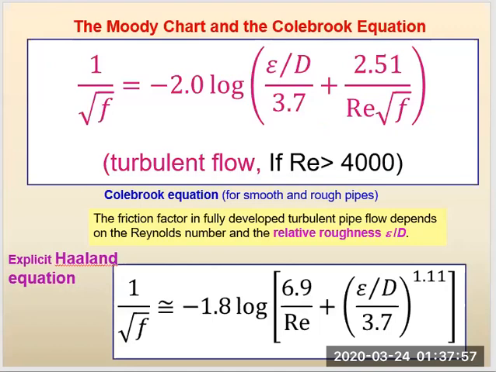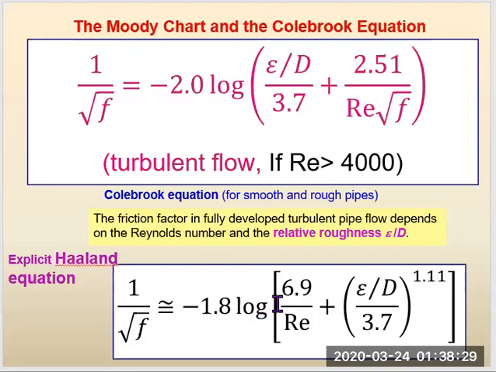So here, look at the different variables that you have. On the left-hand side, you have 1 over the square root of the Darcy friction factor, f, which must be calculated. On the right-hand side, you have log. The base for this log is 10. This is not natural log. Make sure when you are using your calculator that you are using log with base 10.